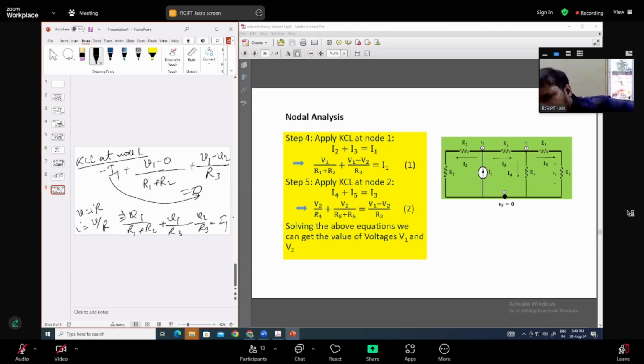Now what about the second node? Can you write the KCL equation at node 2? The answer is given, but just see whether the concepts are clear or not.